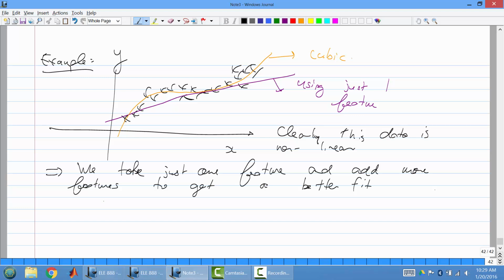So let's see here. Okay, so what's a problem here is that every time you decide to add a feature, whether you take a feature and then square it or cube it, the dynamic range for that feature will start to increase exponentially.